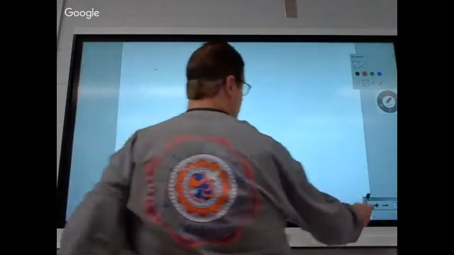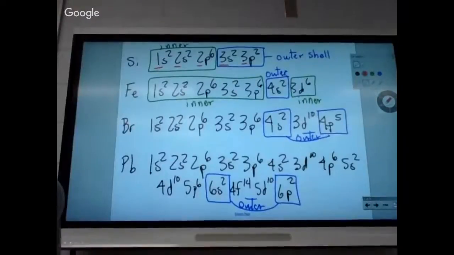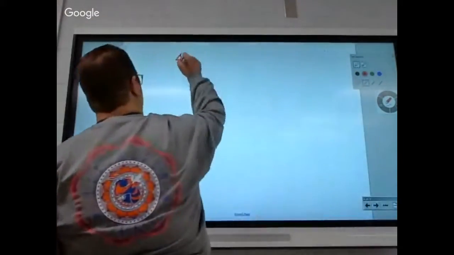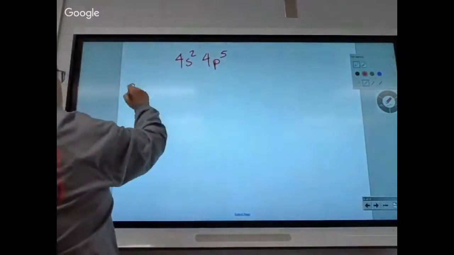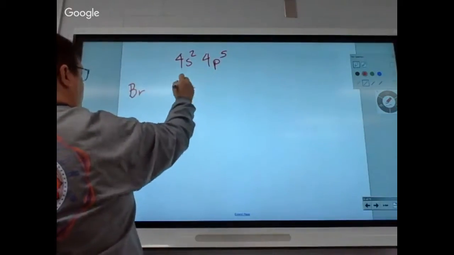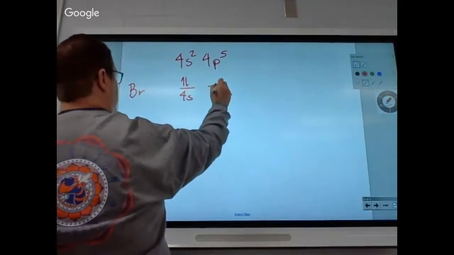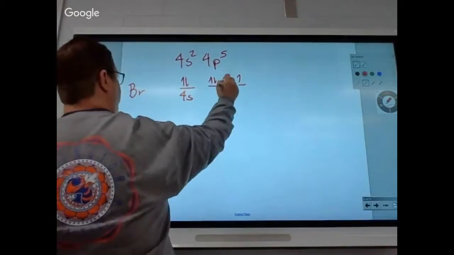All right, so if we draw the next one. We have Br, 4s2 and 4p5. All right, how's the 4s2 going to look? Okay, so 1 line and paired, and 4p has how many lines? 3. All right, so 1, 2, 3, 4, 5.